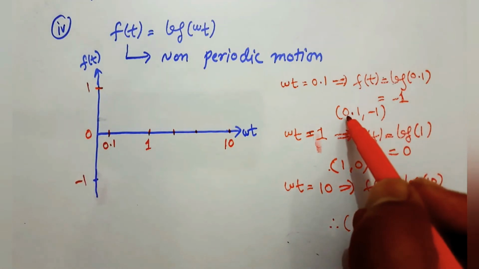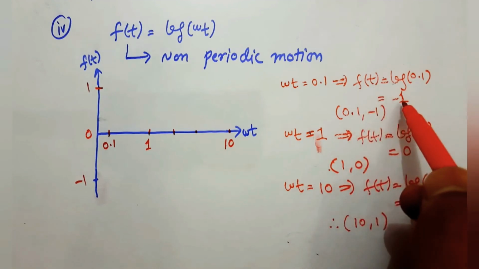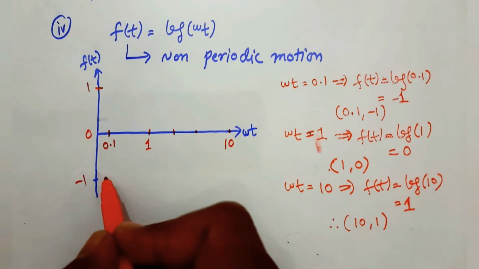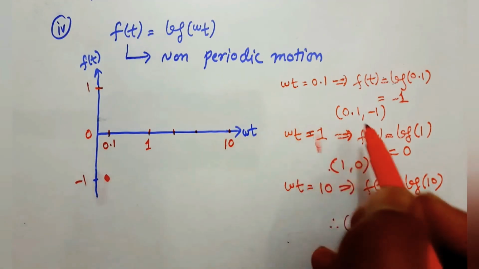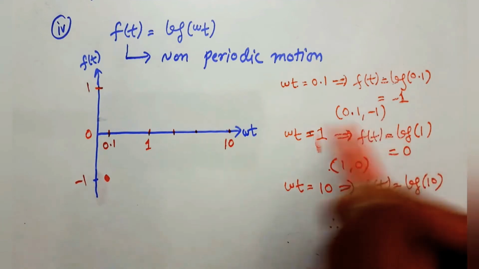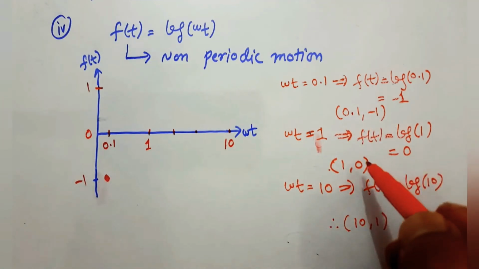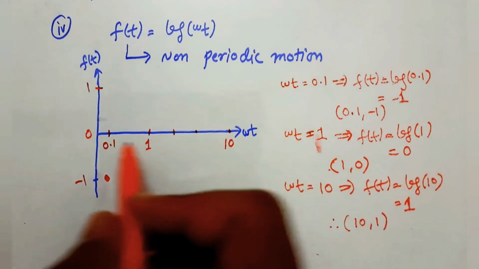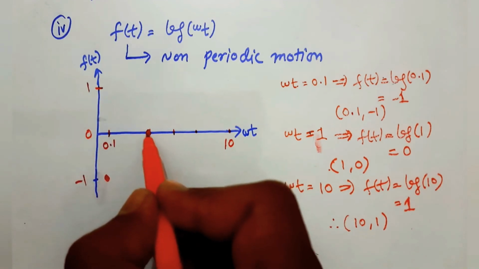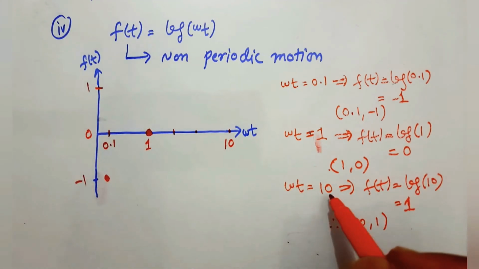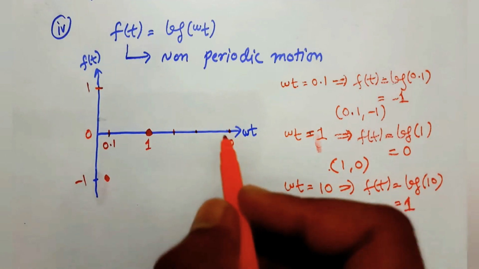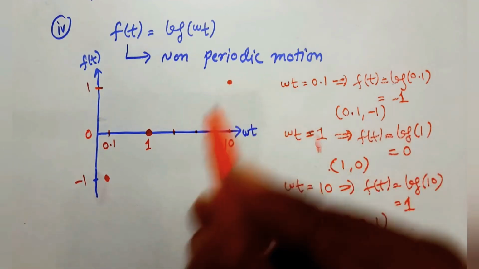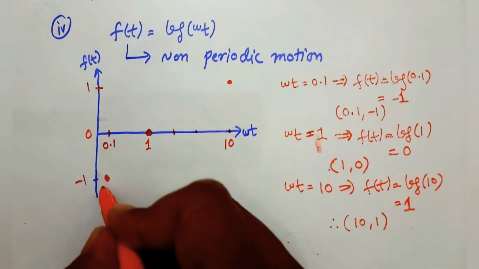Here omega t is 0.1, f of t is minus 1, so the coordinate 0.1 comma minus 1 is this one. If omega t is 1, f of t is 0. If omega t is 10, f of t is 1. So the graph is like this.